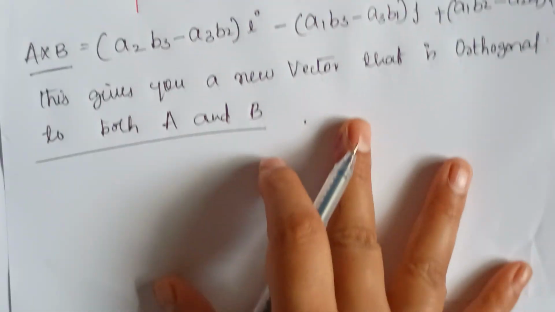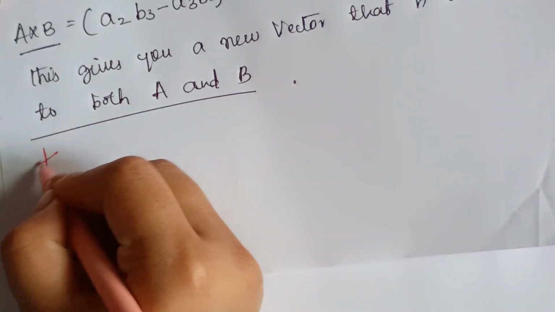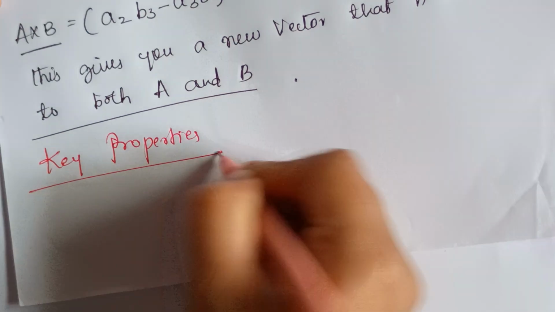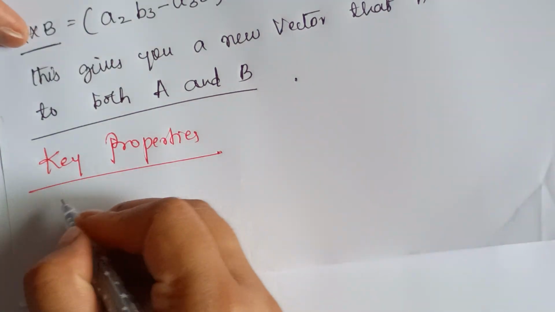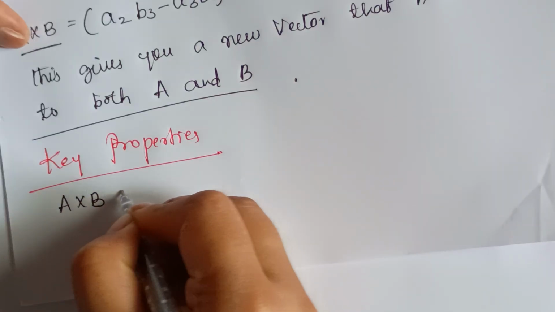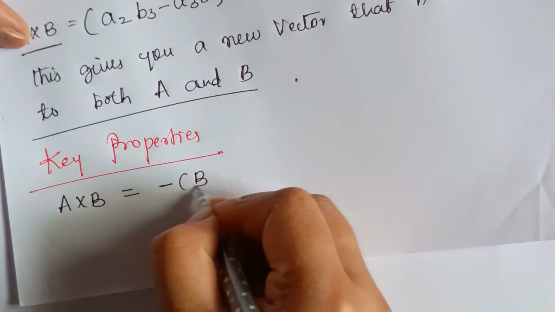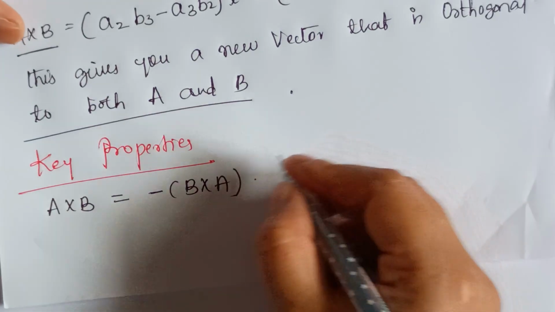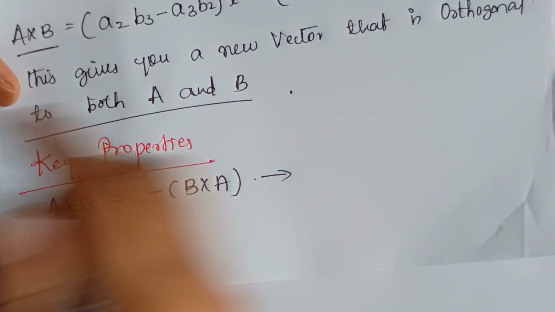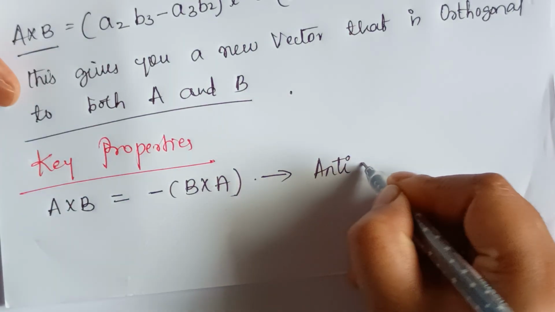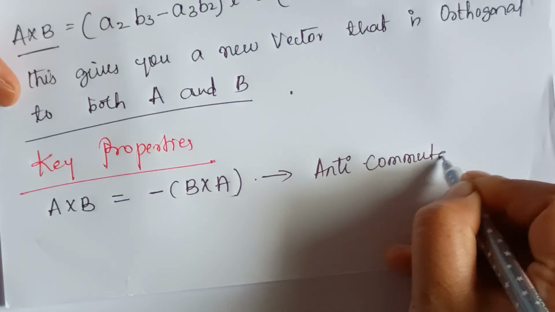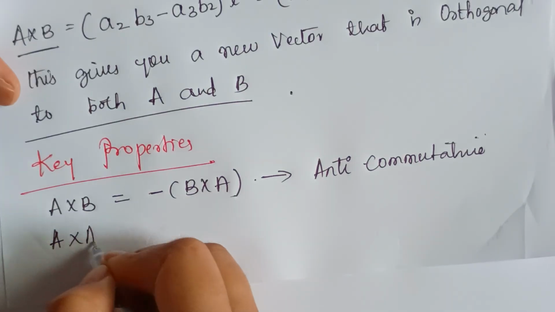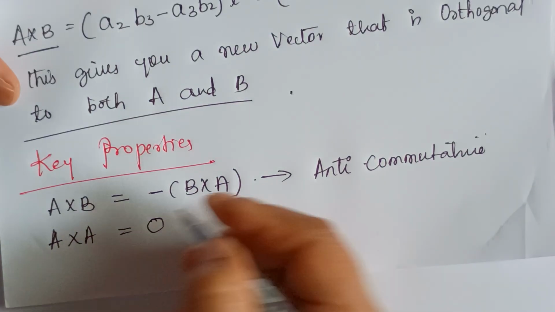Now let us see some key properties of the cross product. First one, A cross B is equal to minus B cross A. In the dot product, it was commutative, right? In the cross product, it is anti-commutative. Now, A cross A equals 0.